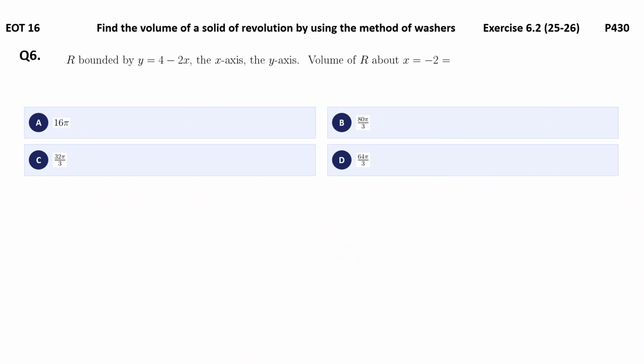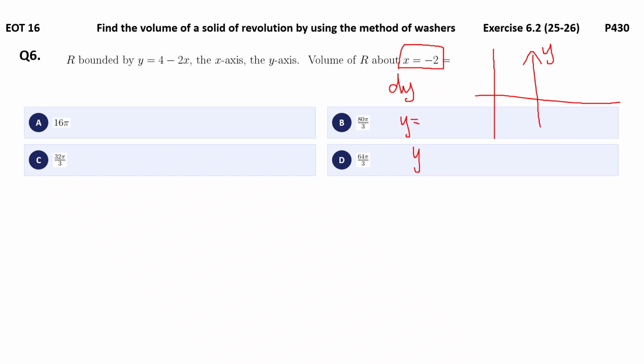Let's continue with question number 6. Here the expression, axis, everything remains the same, but only we are rotating about x is equal to negative 2. As it is x is equal to negative 2, it falls on the left side of the y-axis. And it's parallel to the y-axis, so we will focus on the function in terms of y and also the limits in terms of y.